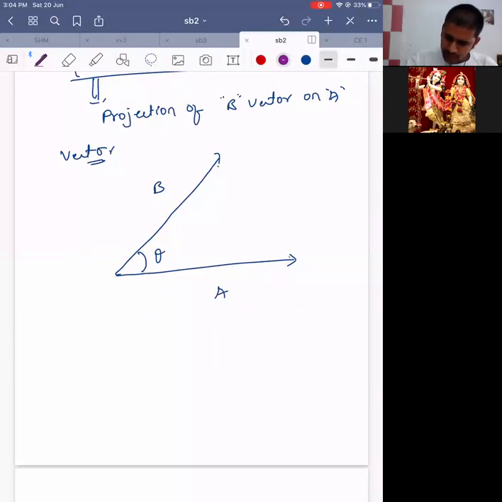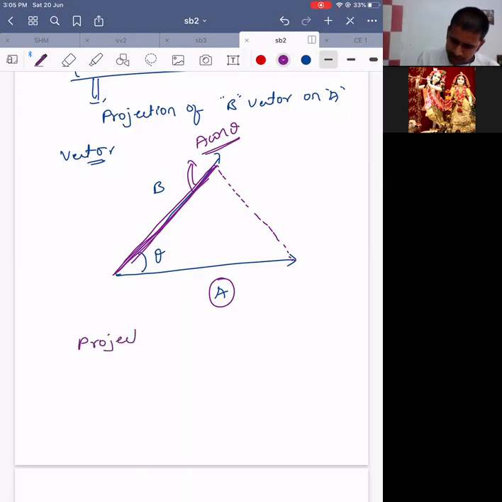Now I am projecting A over B. What will be the distance from here to here? Here is an angle theta, the magnitude is A, so it will be A cos theta, which means the projection of A vector on B is A cos theta.